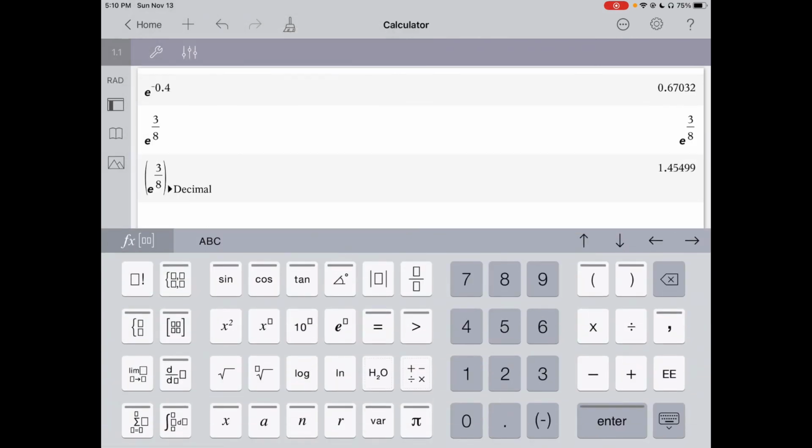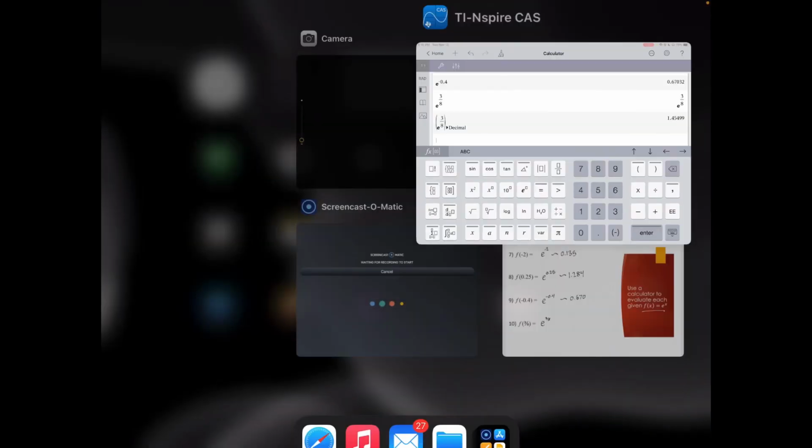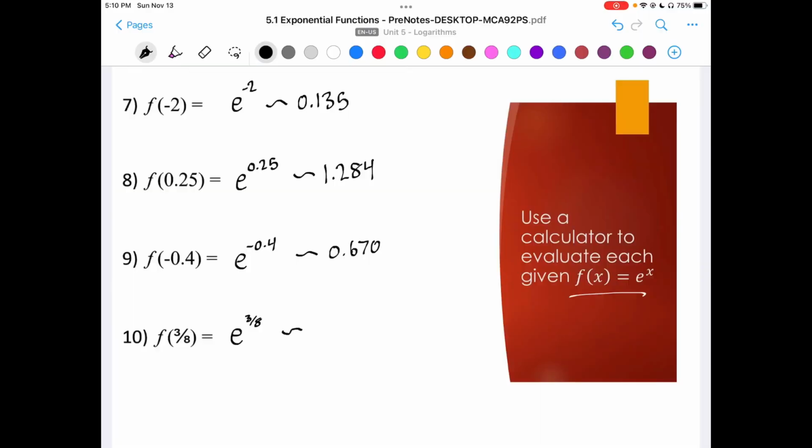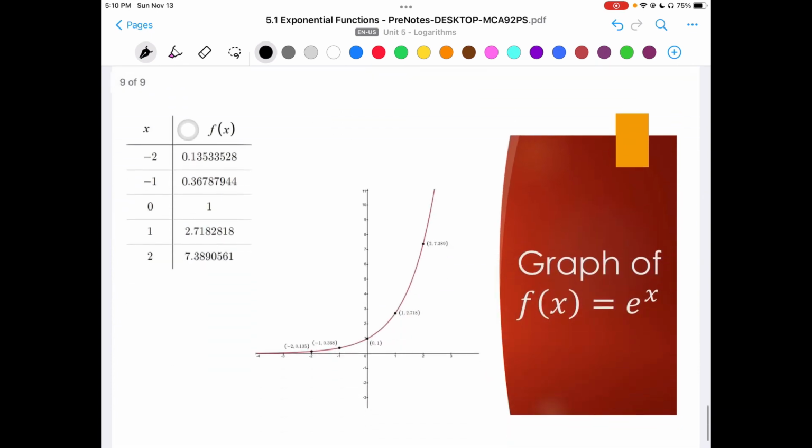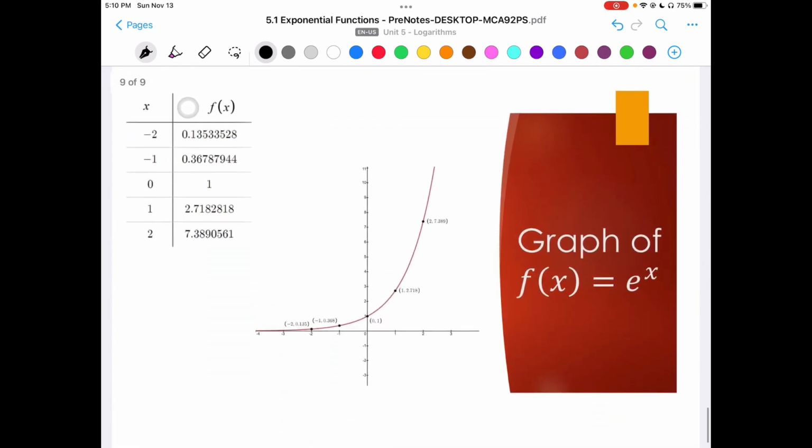And that's it. So computing these, plugging values in and solving, it's just a number. We're just taking some number about 2.718 and raising it to the powers indicated. Okay, so it will give us a value each time. So let's look at the graph of this, and I already made a table and graphed it. This is the graph of the function e to the x. You can see when x is -2, my y value is just 0.135.